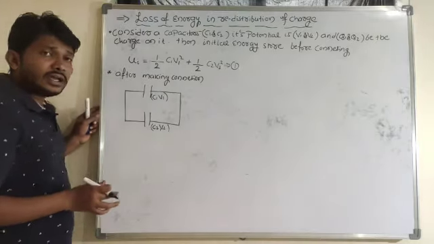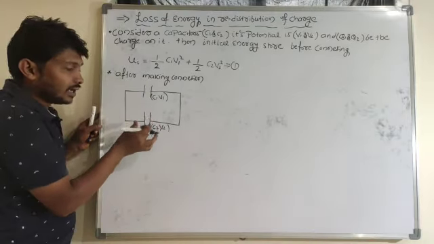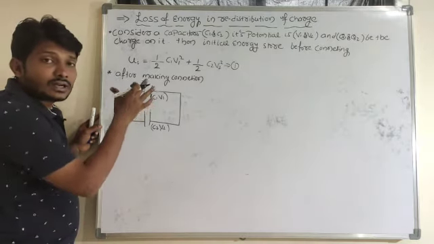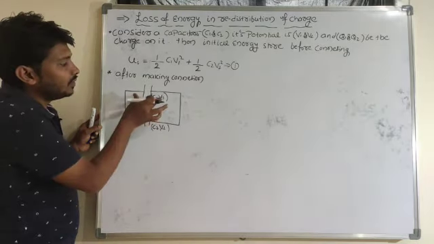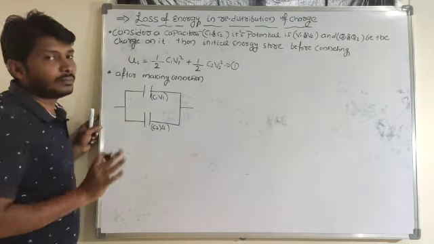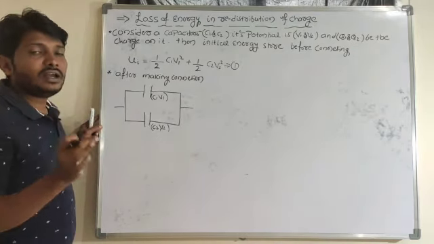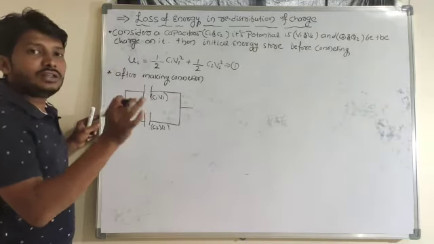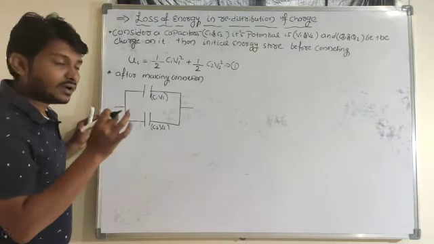So again, charges are moving from a higher potential to a lower potential, which means these two capacitors will attain a common potential. So first let me write the equation for common potential. After making connection, these two capacitors will attain a common potential.